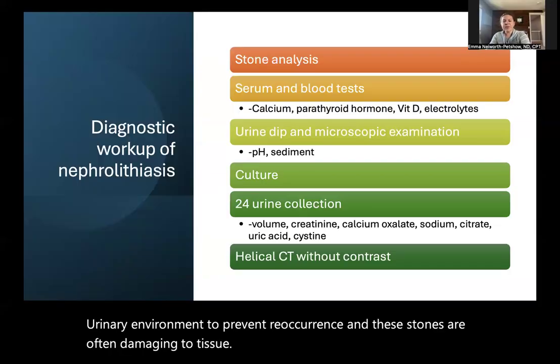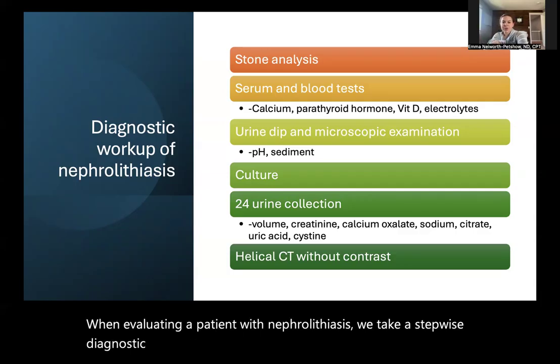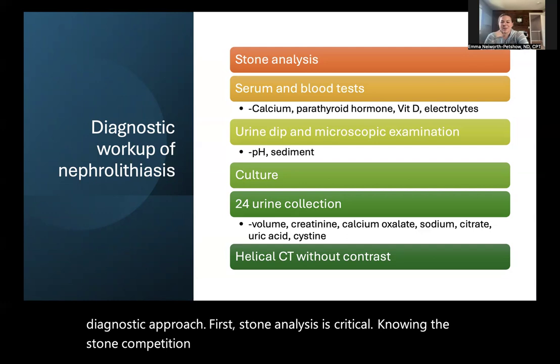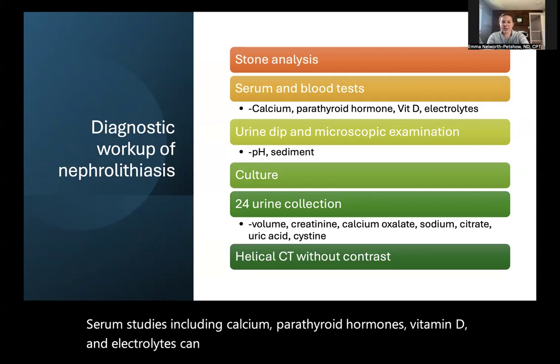When evaluating a patient with nephrolithiasis, we take a stepwise diagnostic approach. First, stone analysis is critical. Knowing the stone composition helps identify metabolic causes. Serum studies, including calcium, parathyroid hormone, vitamin D, and electrolytes, can help uncover systemic abnormalities.